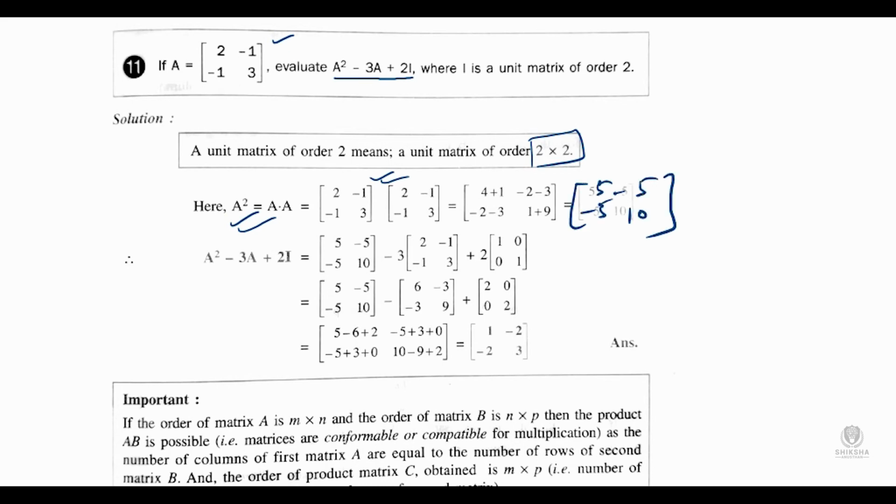Now we need to apply these values over here. In case of A square, we wrote this value. Then in case of 3A, we wrote 3 times the scalar multiplication of A, and for 2I, the scalar multiplication of the identity matrix. On solving this scalar multiplication, we get this value.